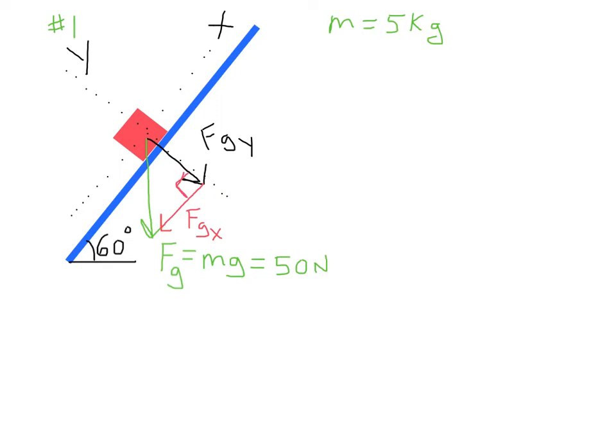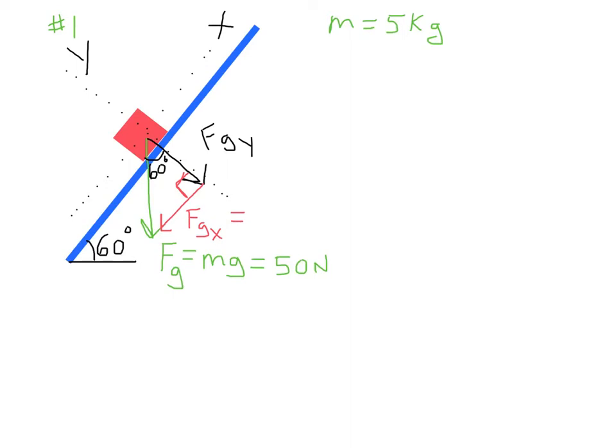We've created a right triangle, so this makes it very easy to solve. Force of gravity in the x direction, we said, is our force of gravity times, let's see, I need to go back. Remember we said, there we go, this angle, 60 degrees, has to be equal to this angle up here, also 60 degrees. And so I'll go ahead and label that. This is also 60 degrees.